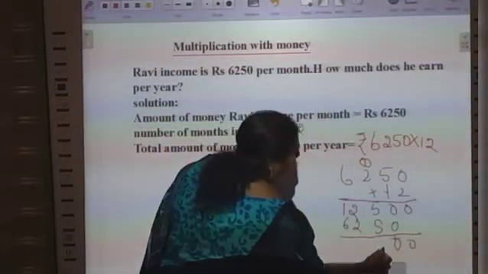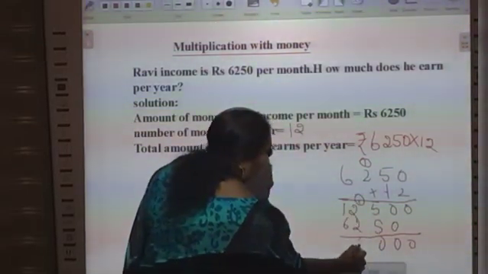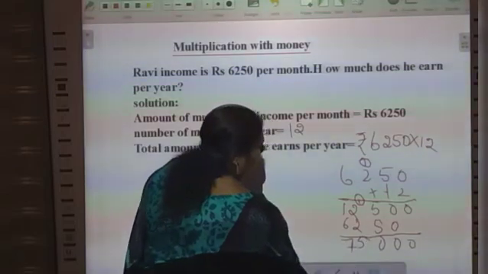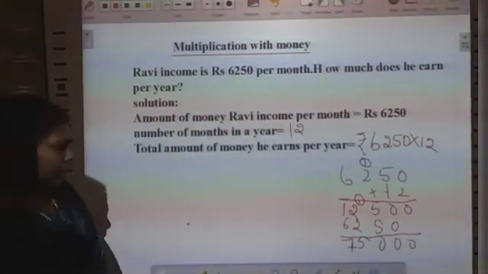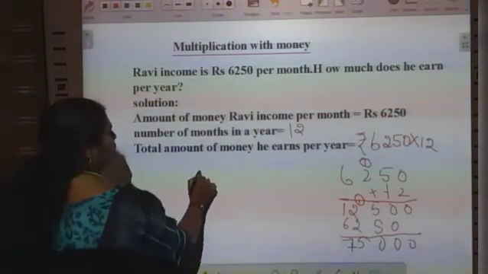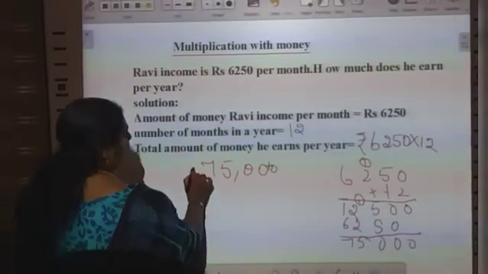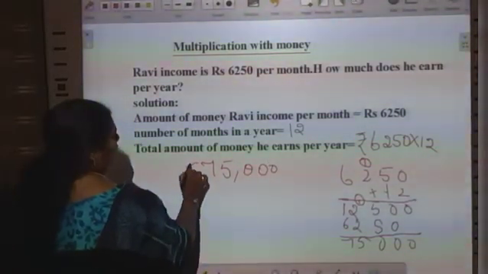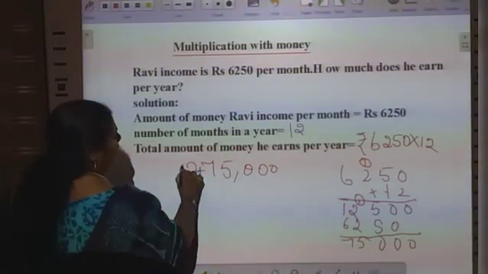Okay, 0, 0, 5 plus 5, 10, 1 carry over, then 2 plus 2, 4 plus 1, 5, 6 plus 1, 7. So, 1 year, how much he earned? He earned 75,000. 75,000 rupees.